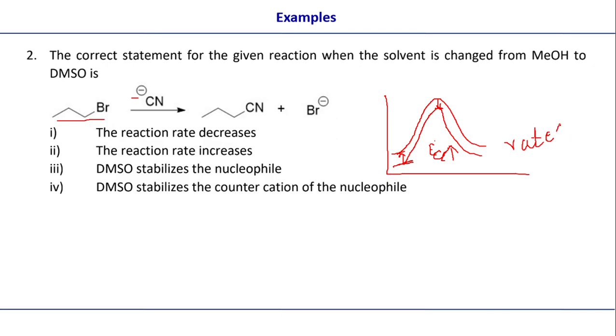Here we discussed the case of non-polar to polar, but here the question is from polar to non-polar. That means the reaction rate will increase. If polarity increases, the reaction rate will decrease, but here polarity decreases, that means the reaction rate will increase. Do all of you understand?